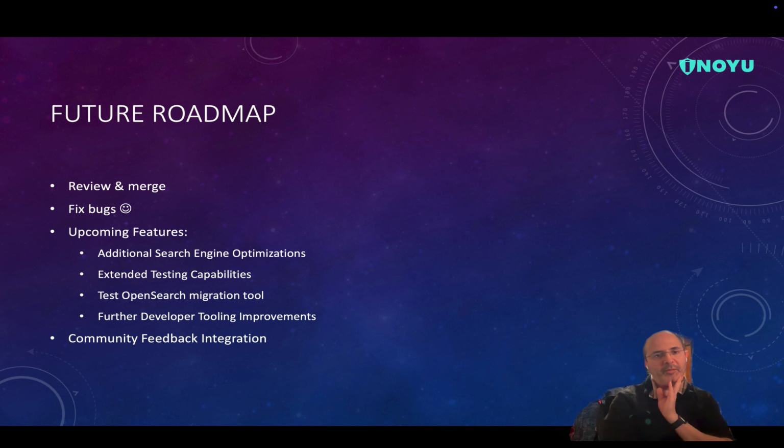So the future roadmap: what still needs to be done. The review of the PR and the merging, and fixing any bugs that might have been missed. As I said, the tests are 100% running, both locally and on the GitHub runners.